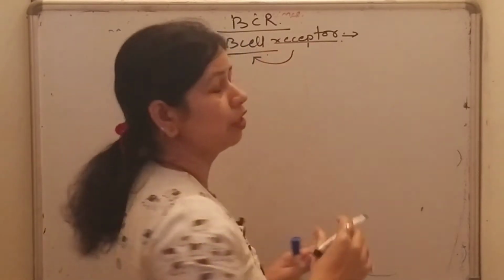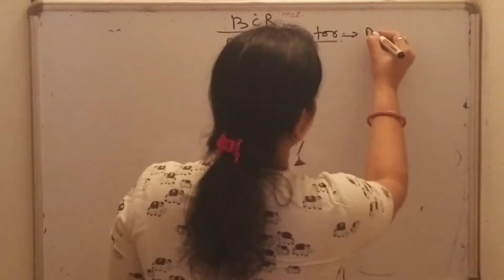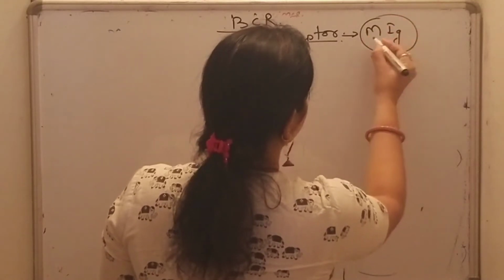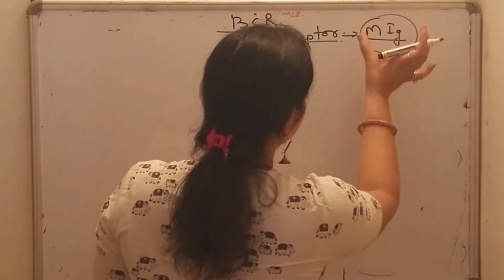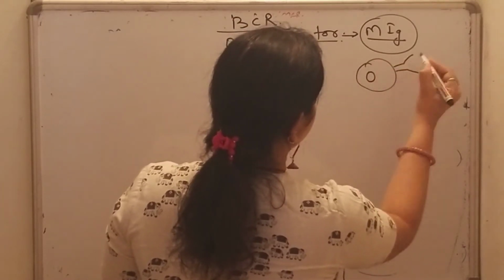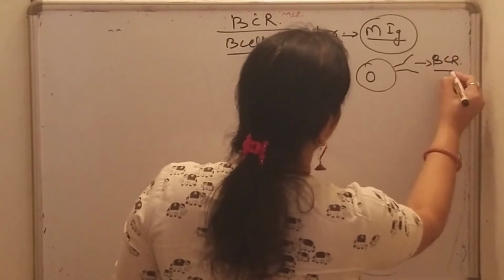Membrane bound immunoglobulins serve as receptors for the B cell. Membrane bound immunoglobulin, also known as mIg, on the B cell surface, serves as the B cell receptor.